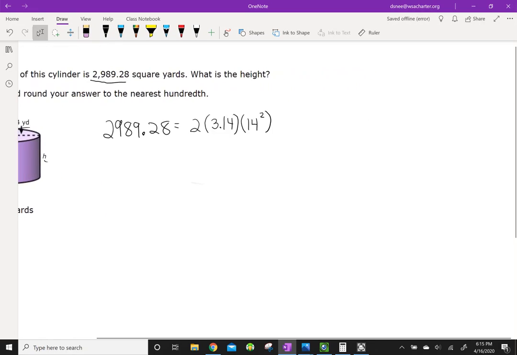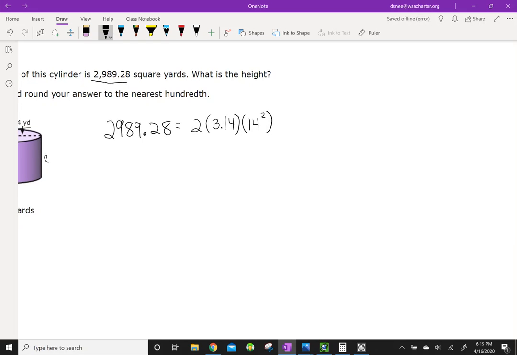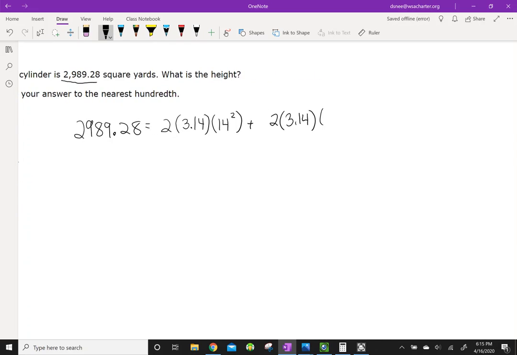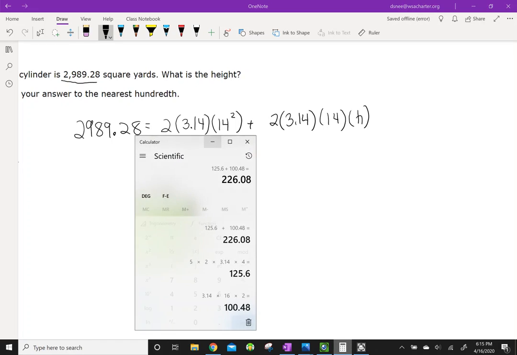And then I add the area of the rectangle, and I find that with 2 pi r times h. So 2 times 3.14, 2 pi r times 14 times h.